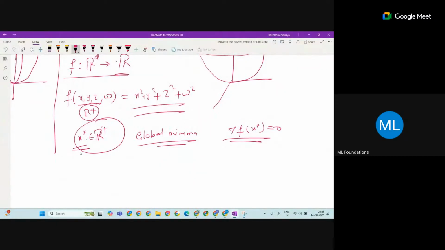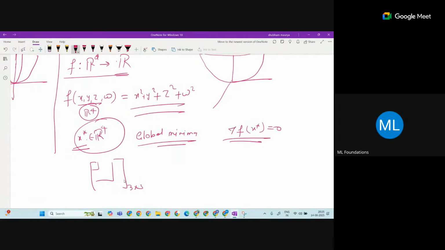In 2 variables, and up to 3 variables in maths 2, in the Hessian case, this should be positive, this should be positive, and the determinant should be positive, then it is a local minima, right? Does anyone remember the global minima, local minima conditions, at least for 3 variables?